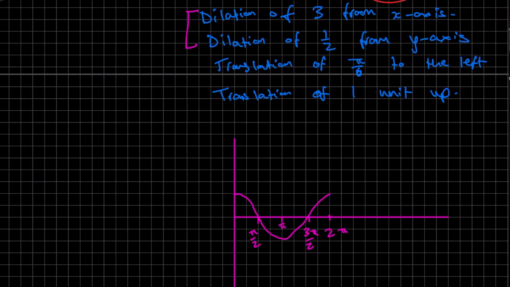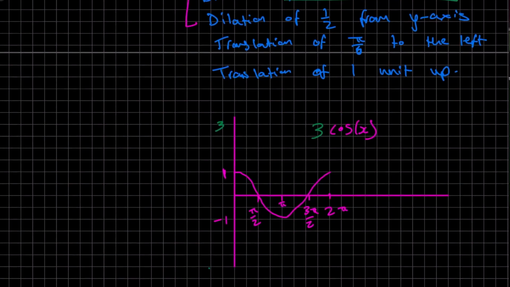Now if we begin to add our dilations to our usual graph of cos of x, we know that this dilation of 3 from the x-axis is causing our amplitude to change. Our amplitude is changing from 1 to 3. This means that our highest y value and lowest y value of this graph will now change from 1 and -1 to 3 and -3.